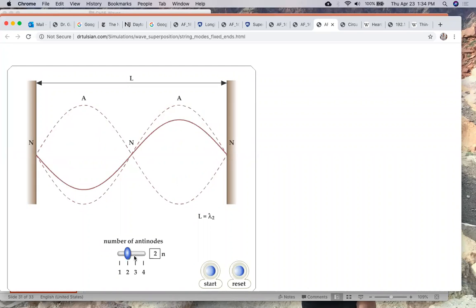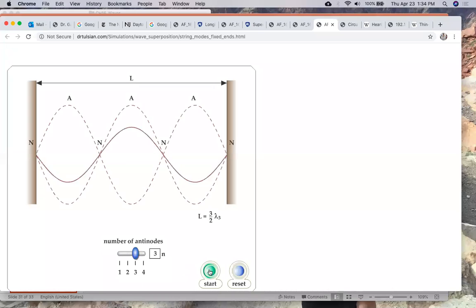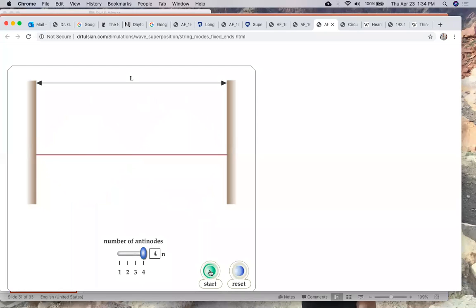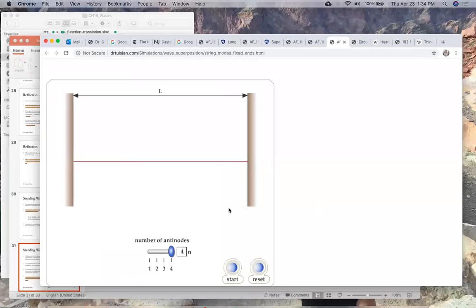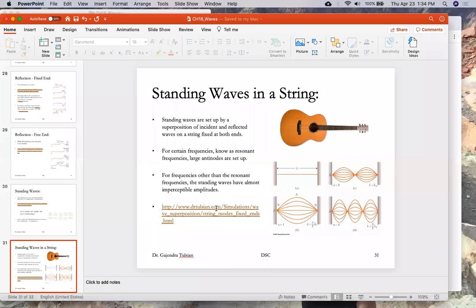Here's a wave with two nodes, three antinodes, four antinodes, and so on. So the string can only vibrate at certain frequencies.